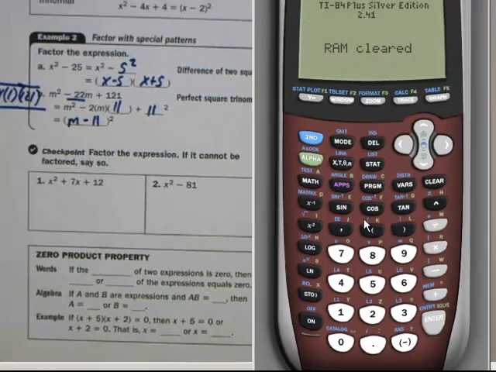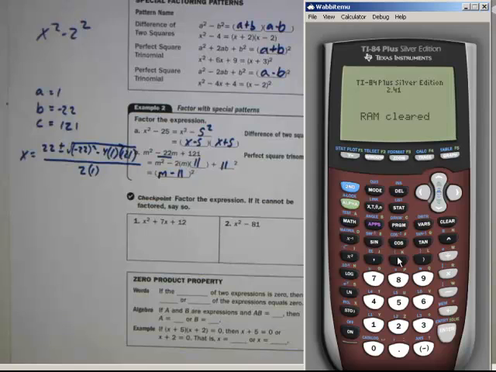So on my calculator, I am going to do parenthesis, negative. Looks like it's reacting really slow today because we have too many things running on the computer all at one time.